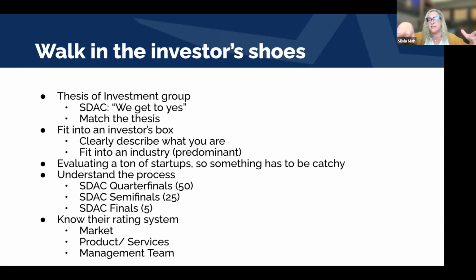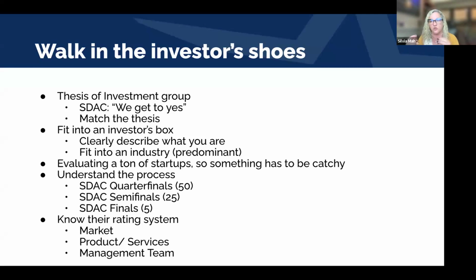If I'm industry agnostic, I want a company in that. Let me see who I'm evaluating that's in that box. Or I really want to go more early stage, and you fit into that early stage box. Then they can evaluate more easily, saying, I want to learn more. I know that you are in this box, and therefore I can ask you really great questions as an investor.